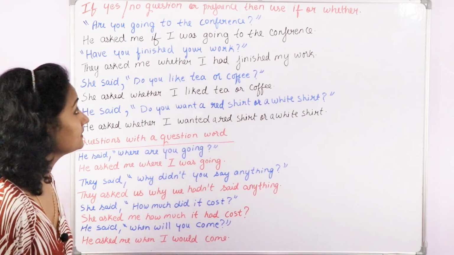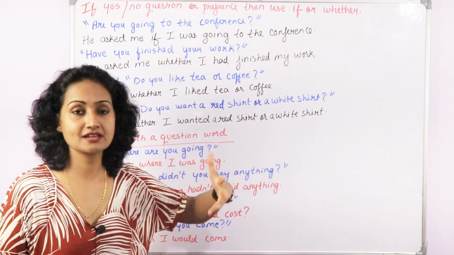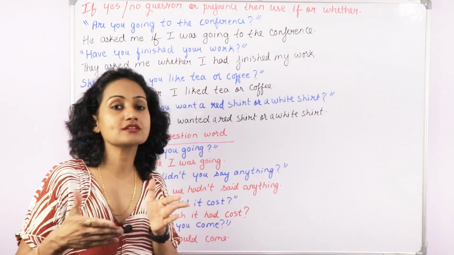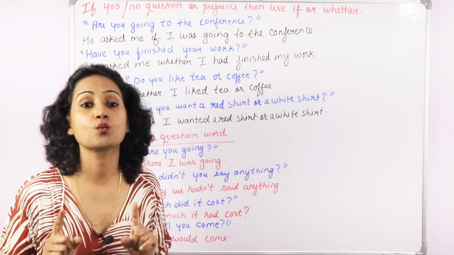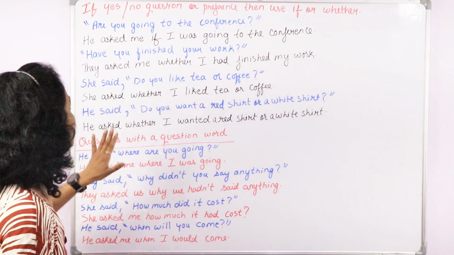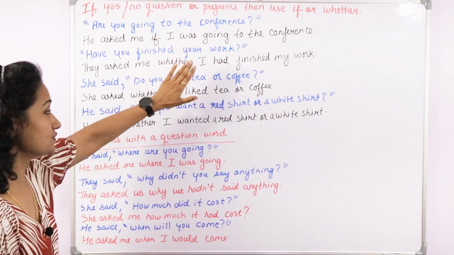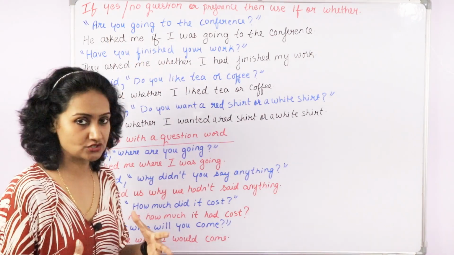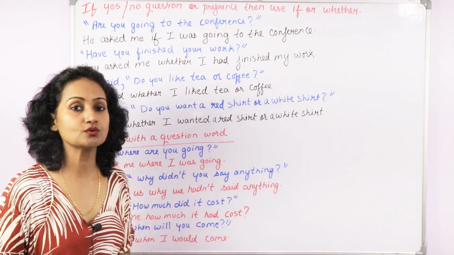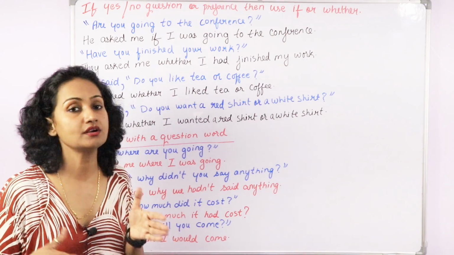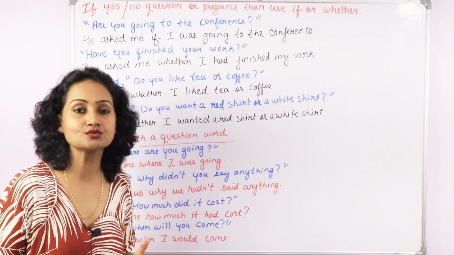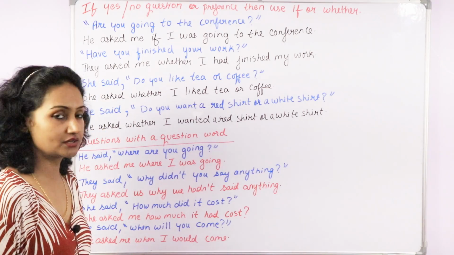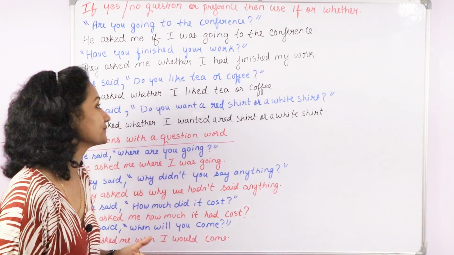And when there is a preference, when there is a choice, this or this, then again we use whether. How? Let's see. "Are you going to the conference?" So this is a question. So the answer can be yes or no. So we can use if or whether. They both are correct, and if is more common.